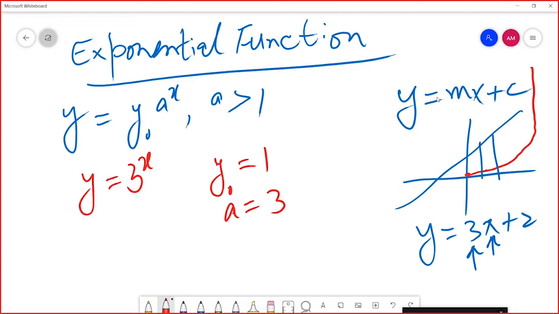I can write another: y is equal to 1.75 times 8 raised to the power x. Can you tell me what is y naught in this equation? Y naught is 1.75. Very nice. And what is a? A is 8. Yeah, very nice.